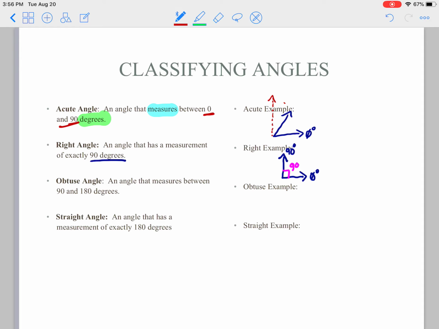On the other hand, an obtuse angle will be larger than 90 degrees, but less than 180. So if I were to draw the beginning at 0 degrees, and I know that 90 is going to be vertical or straight up, right?